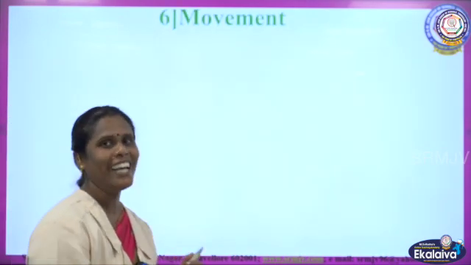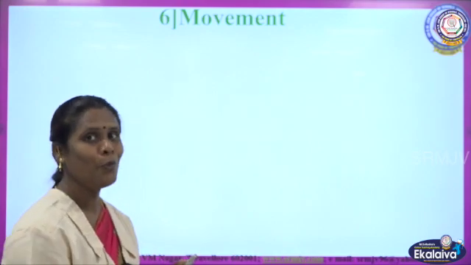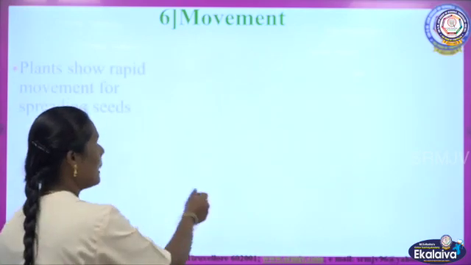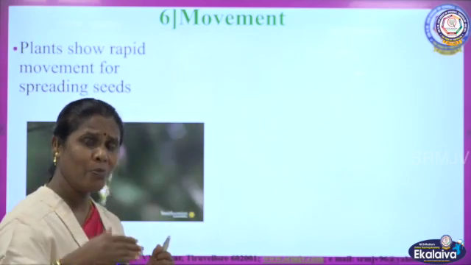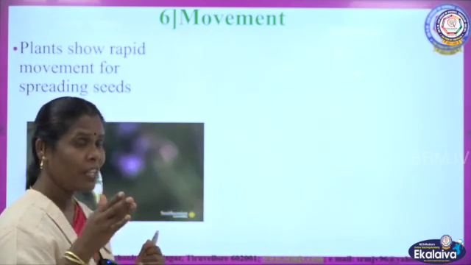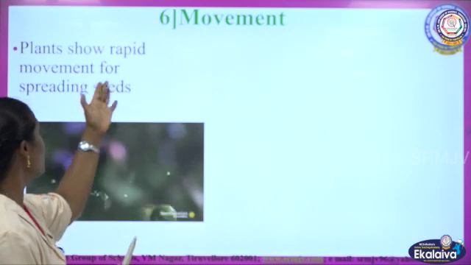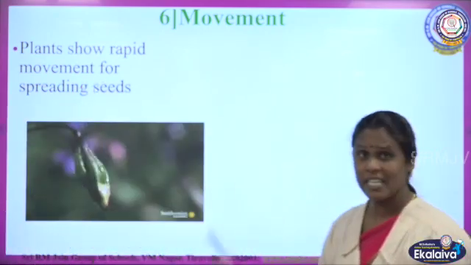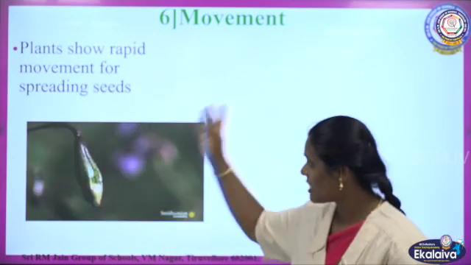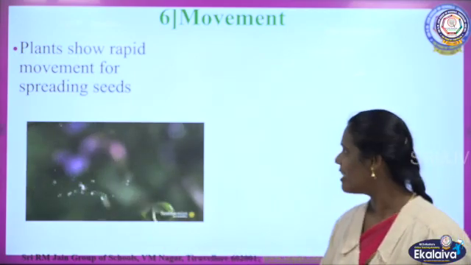The next characteristic, movement. You see, apart from response to stimuli, here plants show rapid movement for spreading the seeds. How it spreads the seeds, see that.